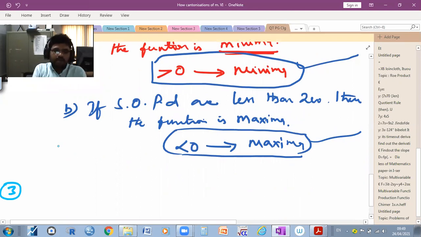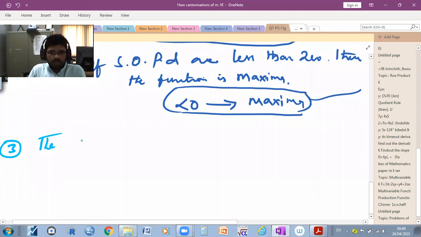Third order. So in the third order, the product of second order partial derivatives must be greater than the cross partial whole square. So please take the notes, otherwise you cannot understand.